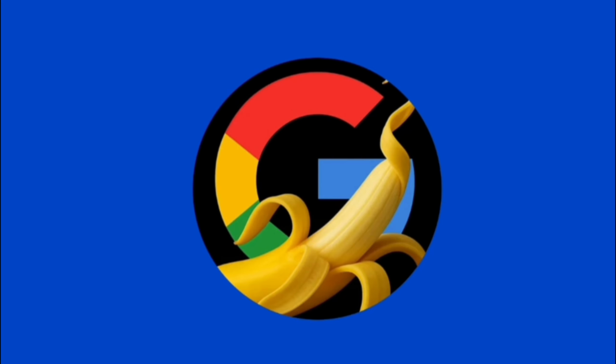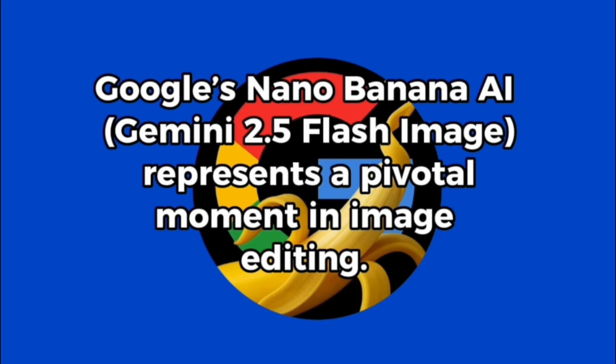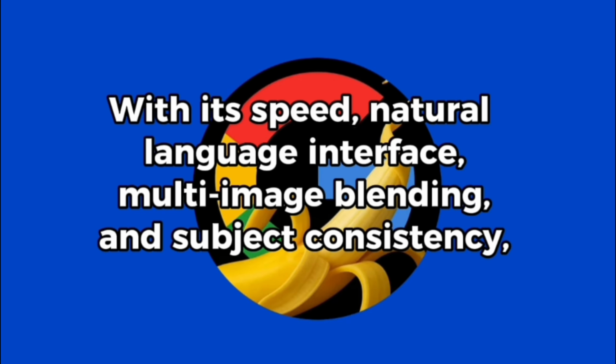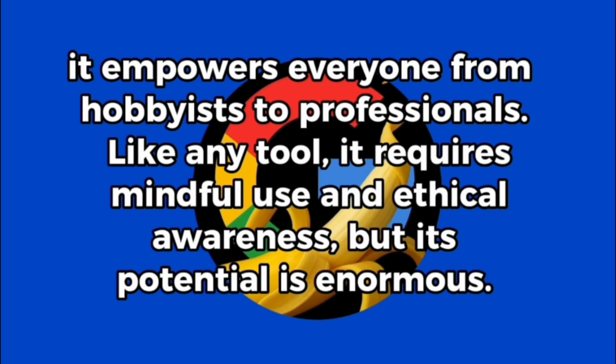Conclusion: Google's Nano Banana AI, Gemini 2.5 Flash Image, represents a pivotal moment in image editing. With its speed, natural language interface, multi-image blending, and subject consistency, it empowers everyone from hobbyists to professionals.